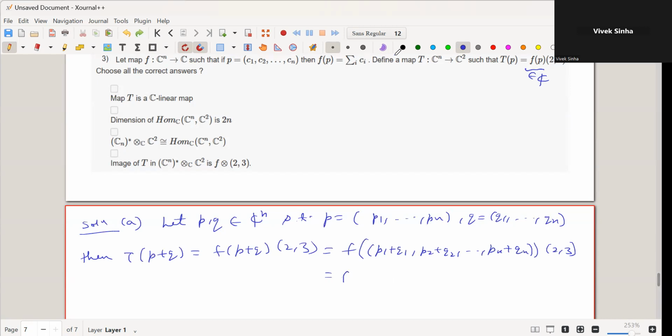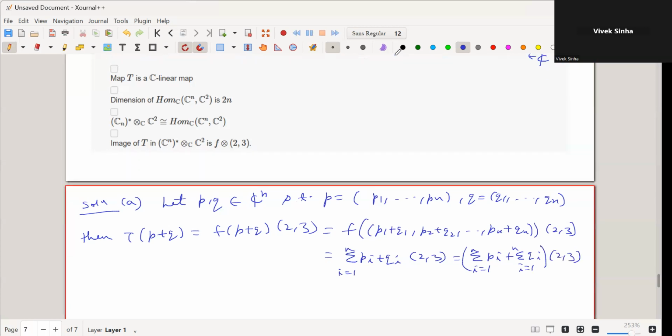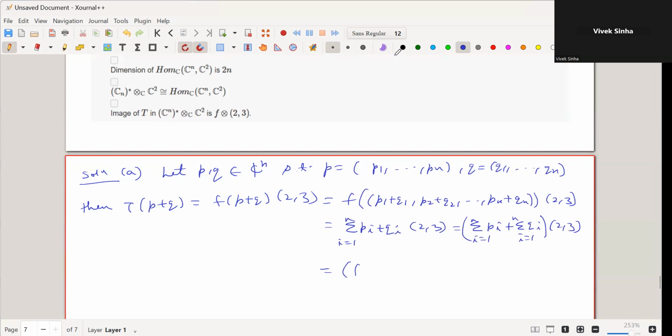So F of this will be the summation of (Pi+Qi), i equal to 1 to n, times (2, 3). Now this summation you can break into two parts: summation of Pi plus summation of Qi, i equal to 1 to n, right? The first part is F(P), the second part is F(Q).